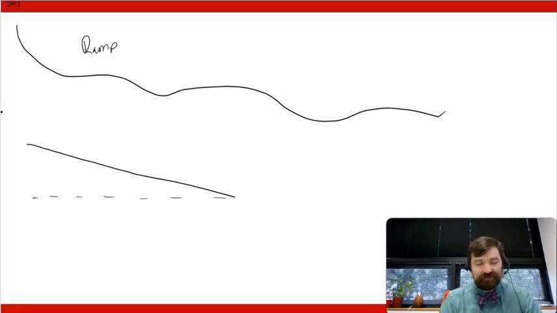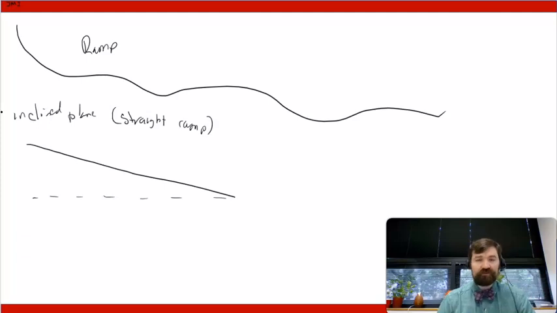This is the special case of a ramp called an inclined plane, or something like a straight ramp or something like that. Most books would just say inclined plane though.